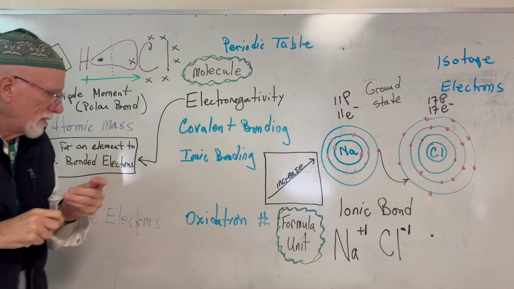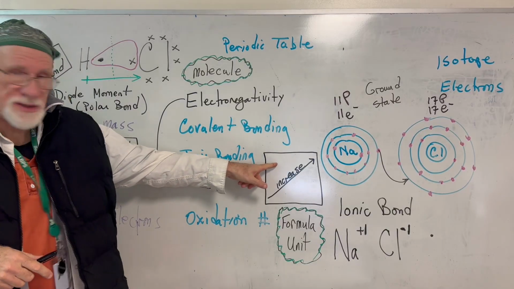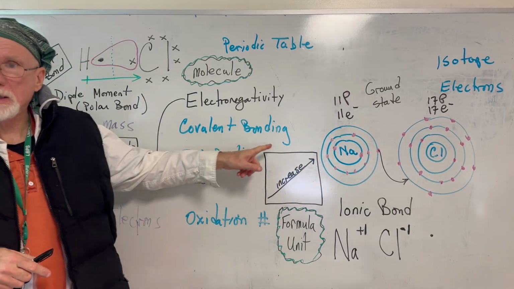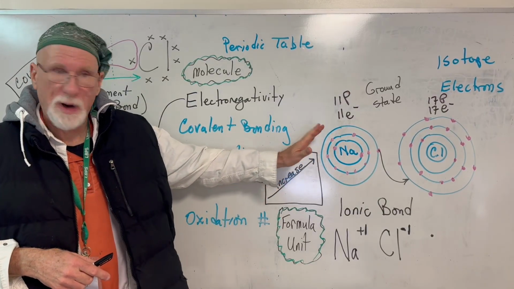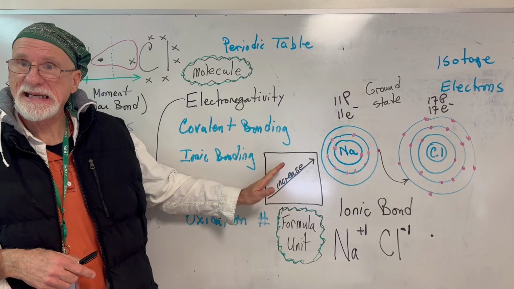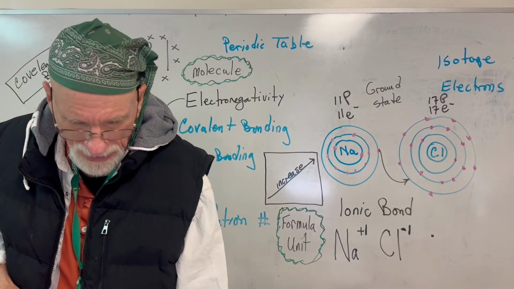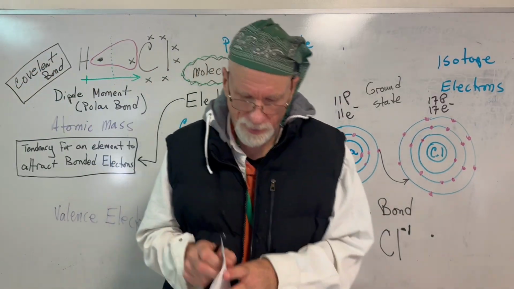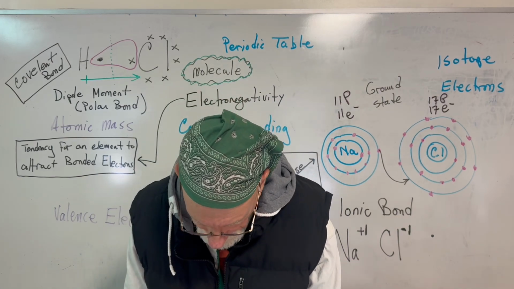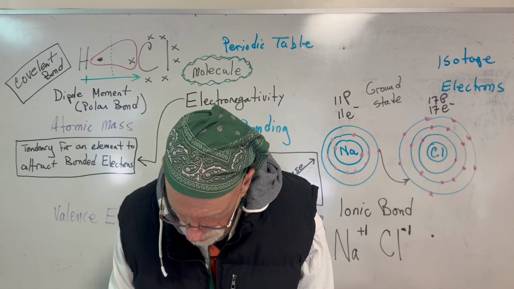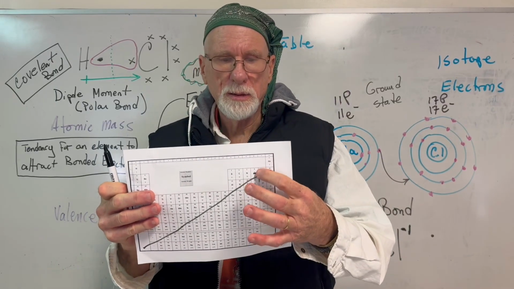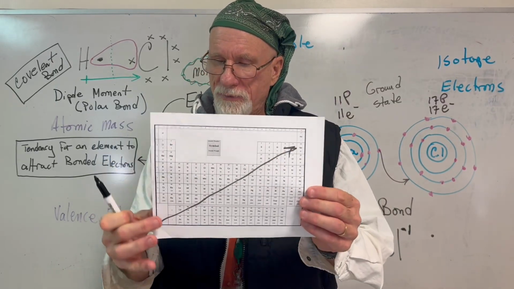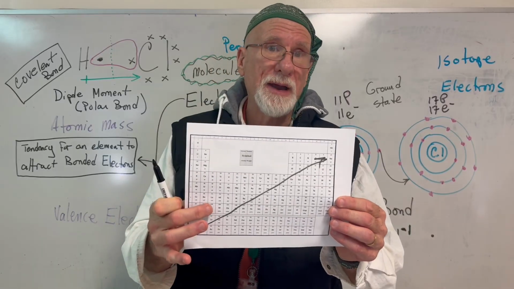Okay? So, if this is a periodic table, we'll just make it a quick rectangle. Going from the lower left to the upper right, electronegativity is increasing. So if you look at your periodic table, it goes like this, where this element up here is more electronegative than these elements down here.